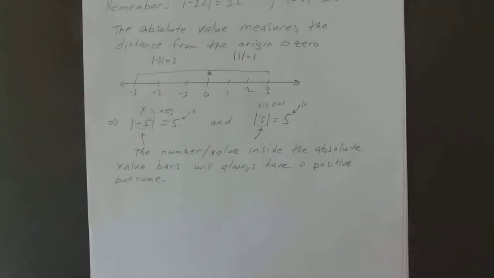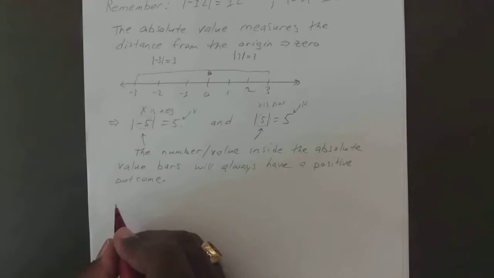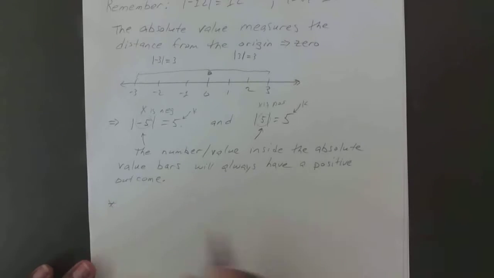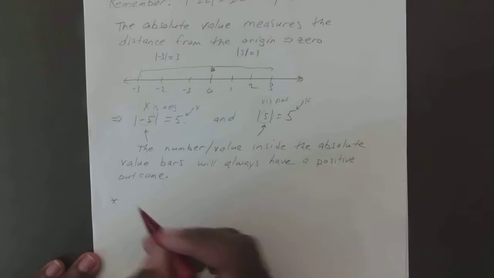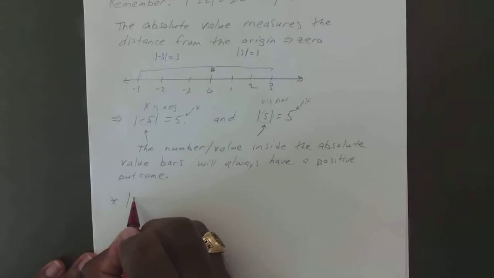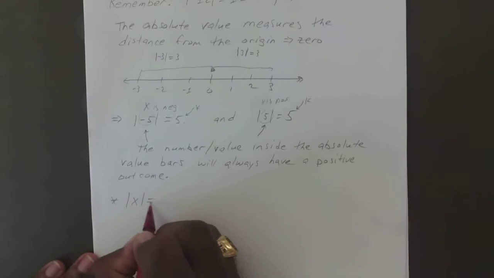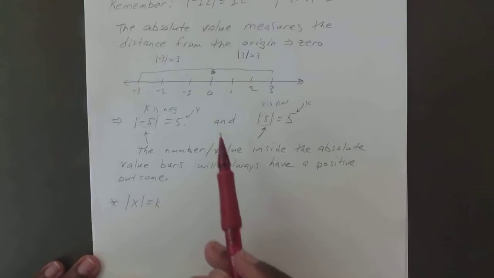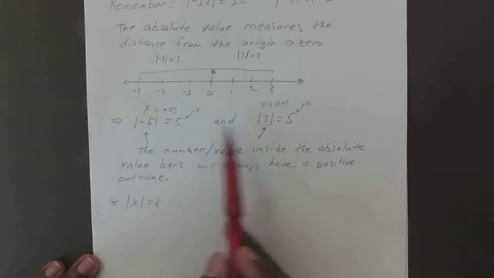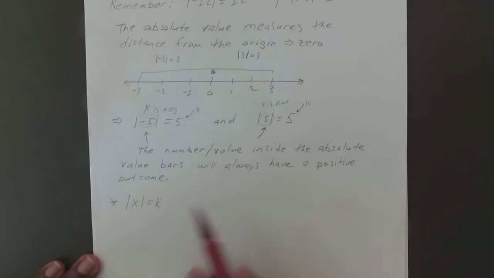So if we wrote that as a general explanation, it would say the absolute value of x equals k. Think of the negative and positive 5, it equals 5.